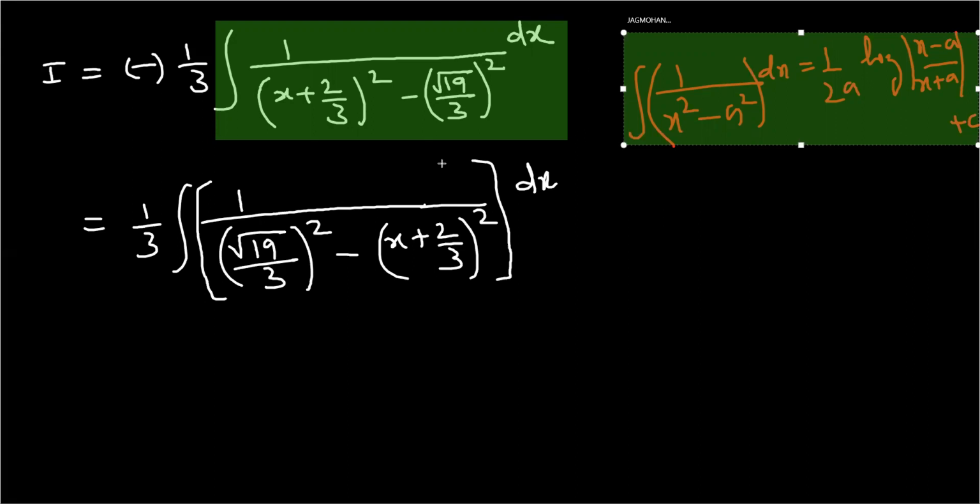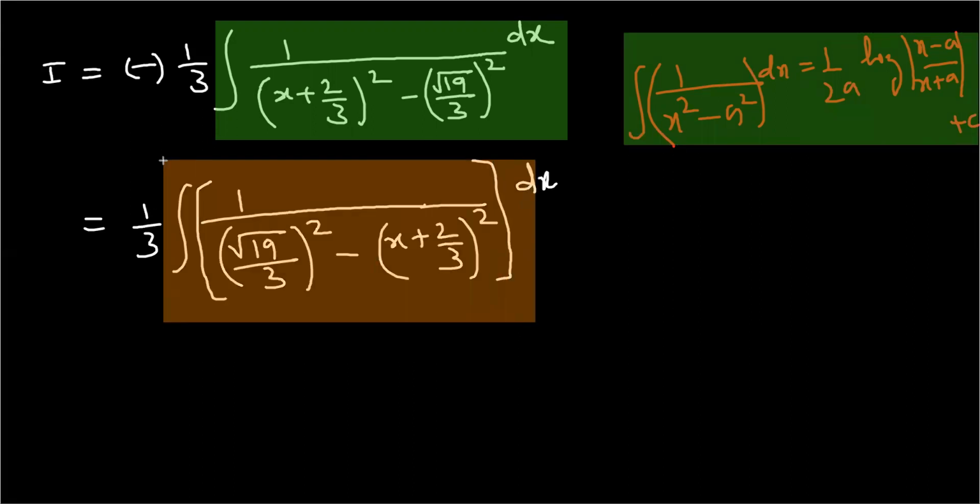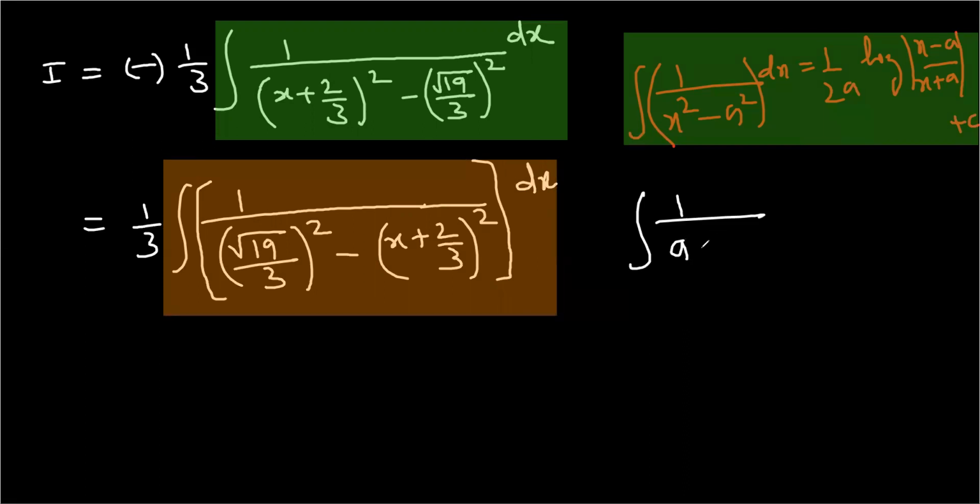What is my plan now? My plan is not to have negative sign outside, to have a positive sign outside, and now I have something different. What different do I have now? I have to apply the result, and that result is 1 upon constant square minus variable square.